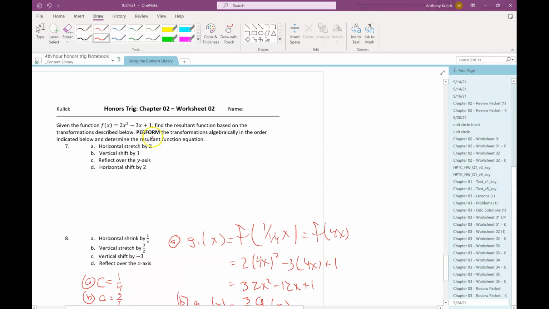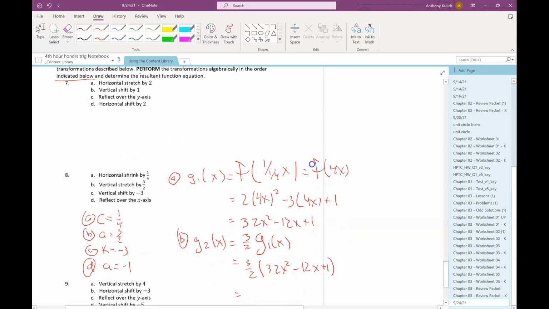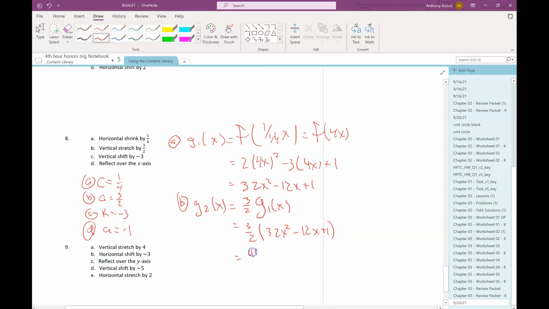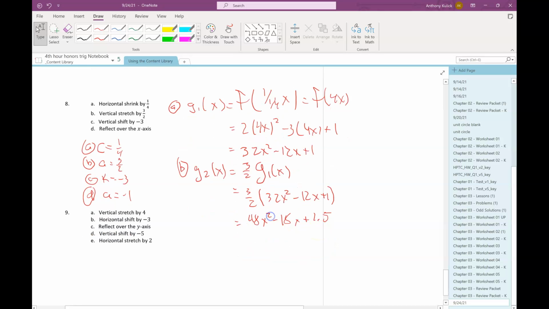Well, the directions say in the order indicated below. So the directions here are telling us to do it in the order that they're listed. But that's a good question. 48, and I'm just going to write as 1.5 instead of 3 over 2. Is that okay? Okay. And then for the next step, that's going to be the previous answer minus 3.